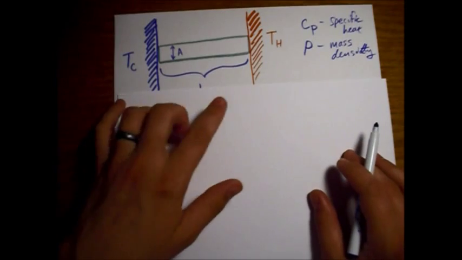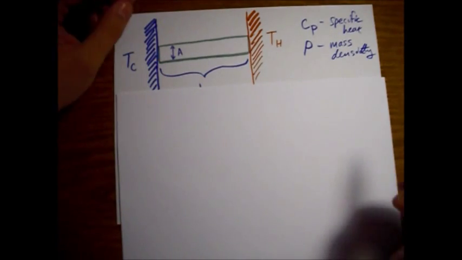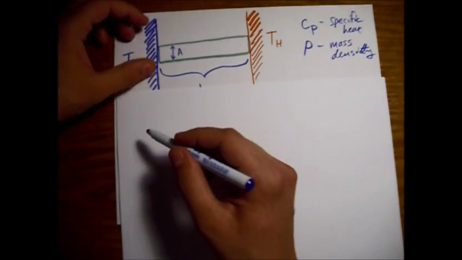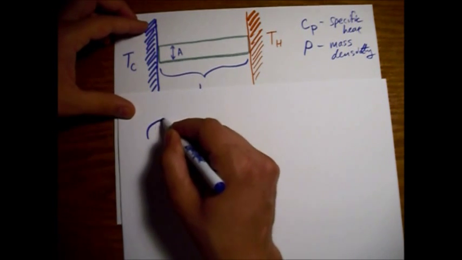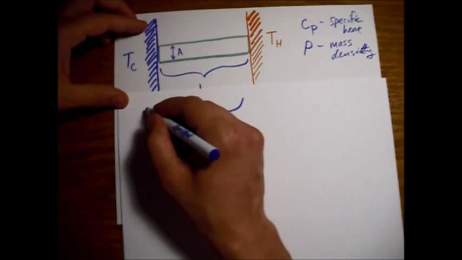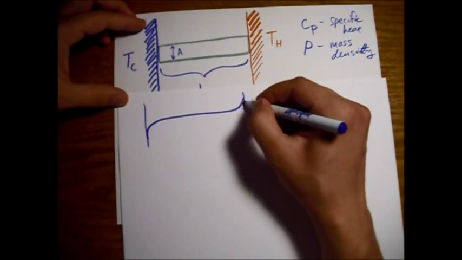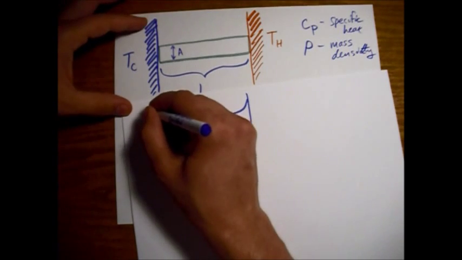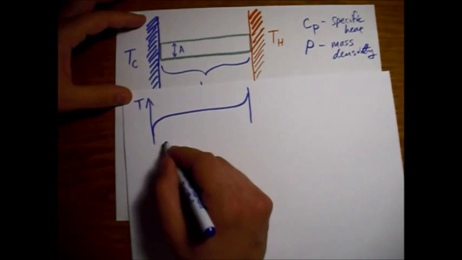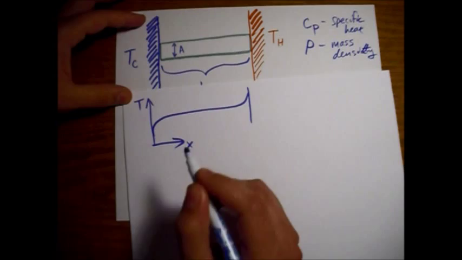As we put the bar in here first, you would end up with something that sort of looks like this, if this is temperature on this axis and x on this axis.